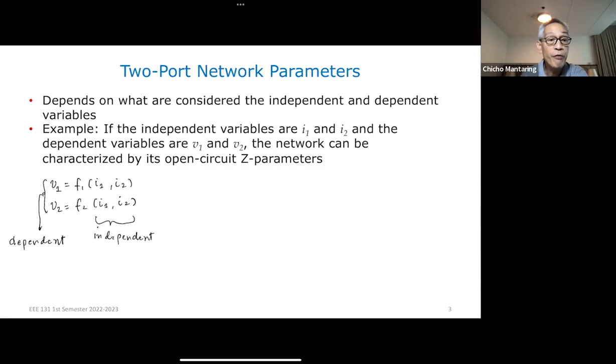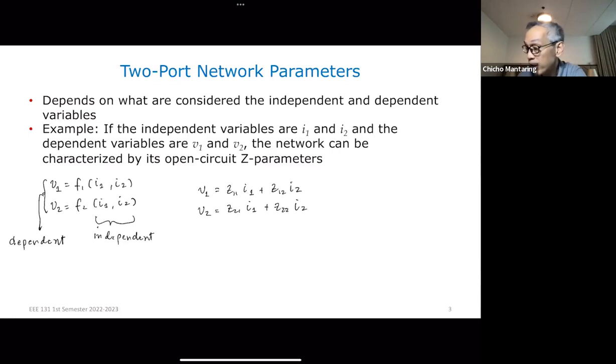Okay, and if the independents are your currents and your dependents are your voltages, you can characterize the entire system in terms of just 4 parameters, and these are called your Z parameters. Okay, let me write out the equations that will govern this particular network. Your V1 is going to be equal to Z11 I1 plus Z12 I2. And your V2 is going to be Z21 I1 plus Z22 I2.